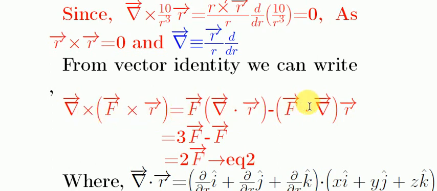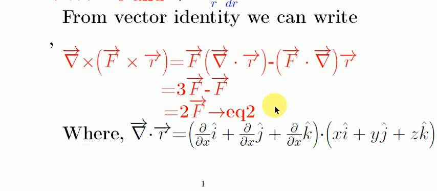This expression we can write only when F is a constant vector, otherwise we cannot write these two terms. So from vector identity we can write this when r is a position vector and F is a constant vector.